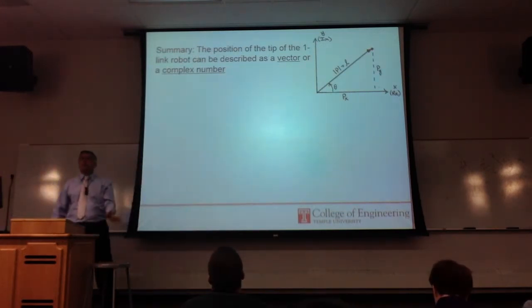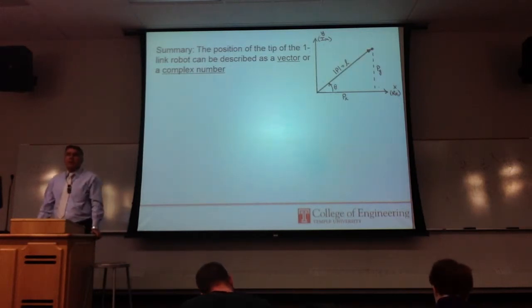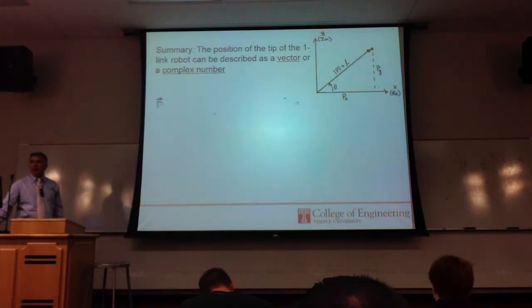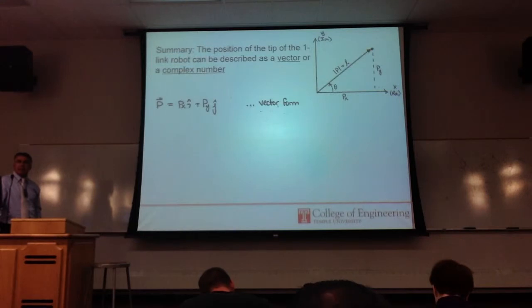P is equal to Px i plus Py j, right? Don't forget the hats on the i and j, and the arrow above P, which means that it's a vector.